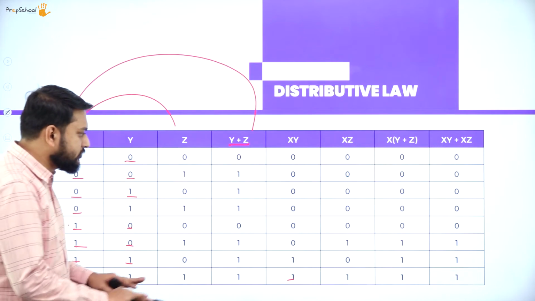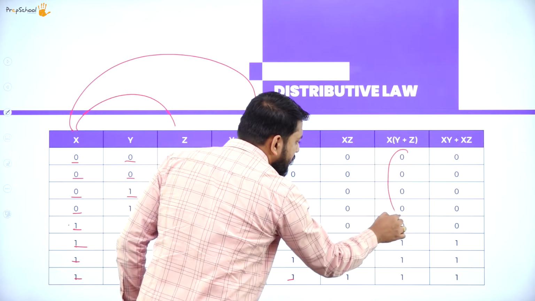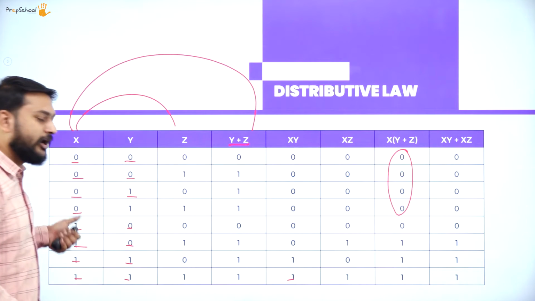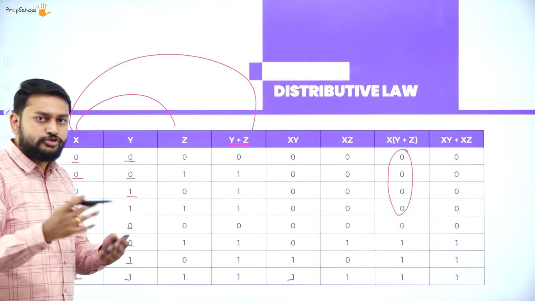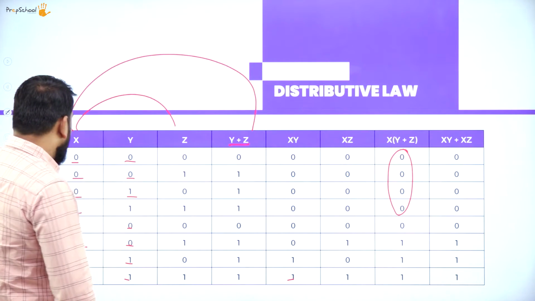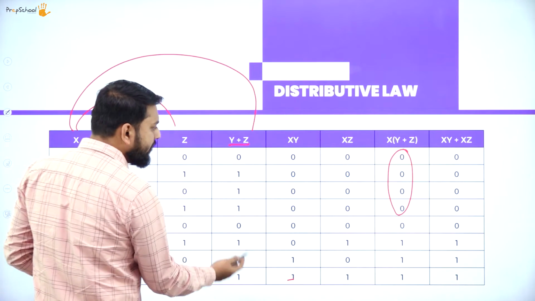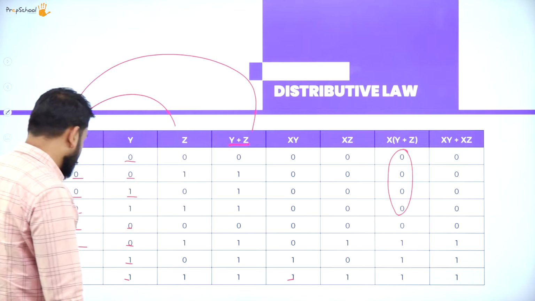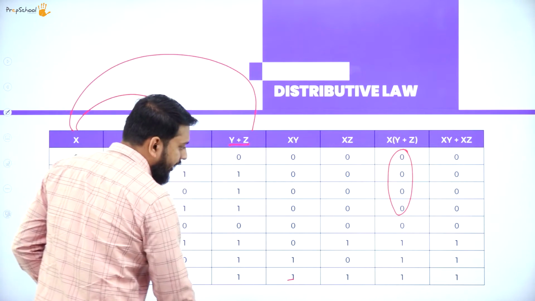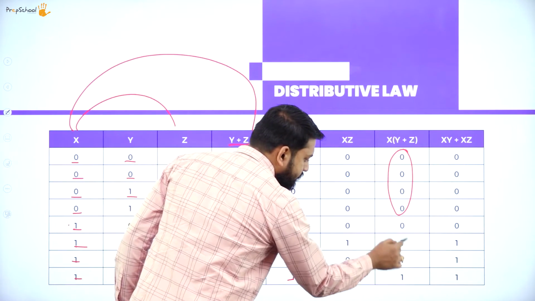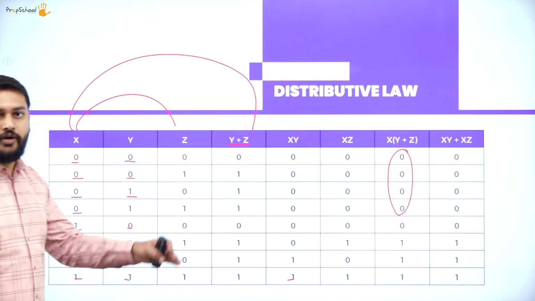Again, 4 zeros I will write with my eyes closed, because my x value is 0. If you multiply anything with 0, you end up with 0. The next one I have is 1 into 0, obviously it is 0. The rest 3, I have 1. So 3 ones I have. This is how I'll calculate.